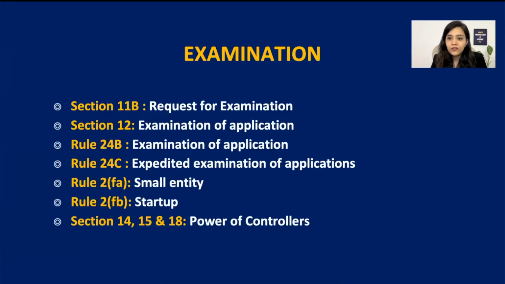And here we have important sections or provisions that you need to study for patent examination. To list: section 11B, section 12, rule 24B, 24C, rule 2FA, 2FB, and sections 14, 15, and 18. Here we'll not go into the sections very deeply, but I'll still suggest that you go into the details of these sections and read them once.